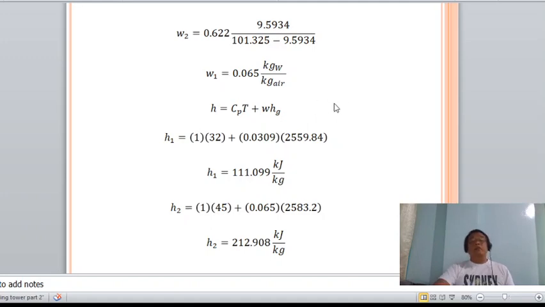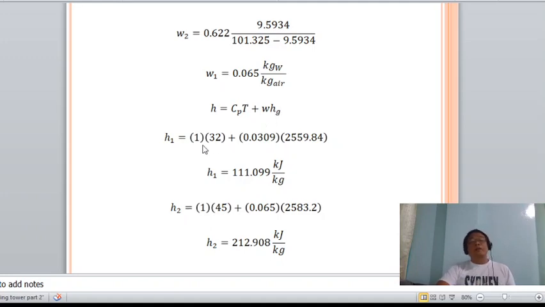So, let us now consider the formula for the enthalpy. The enthalpy of the air is equal to Cp multiplied by the temperature plus the humidity ratio multiplied by the enthalpy of water.